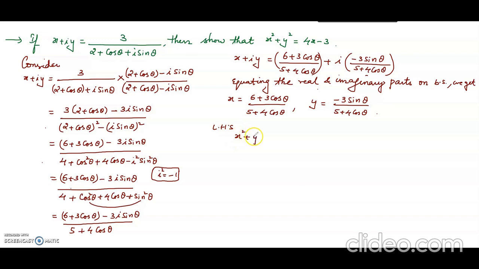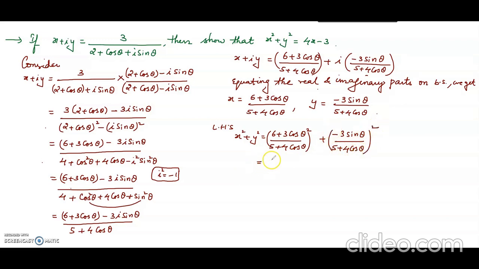Left hand side is x square plus y square. So let us square and add both x and y. So this is 6 plus 3 cos theta by 5 plus 4 cos theta whole square, that is x square, plus y square is minus 3 sin theta by 5 plus 4 cos theta whole square.